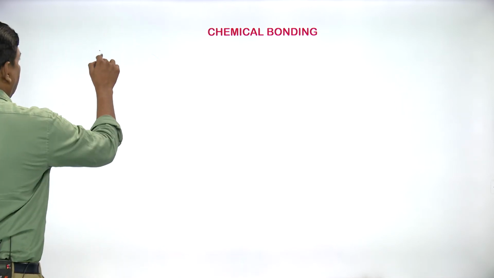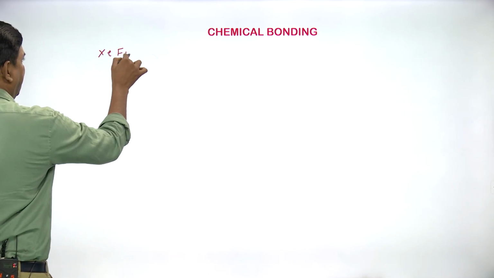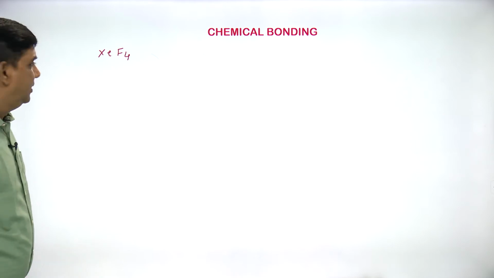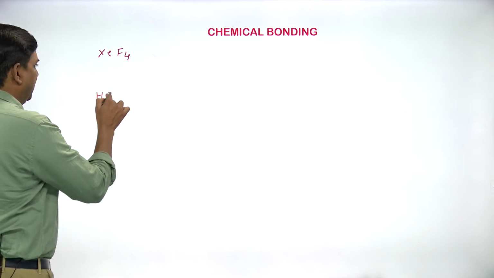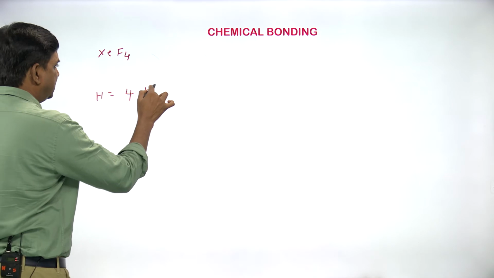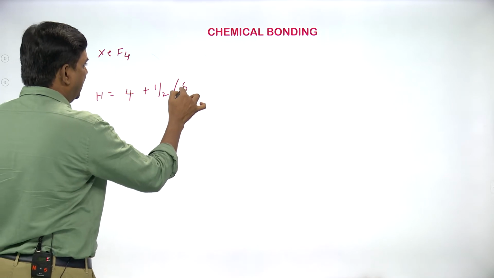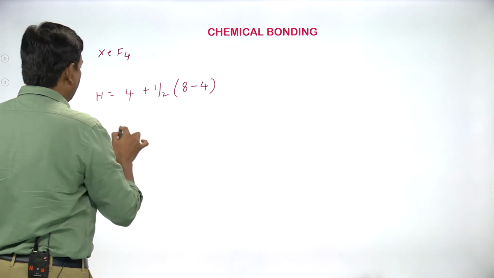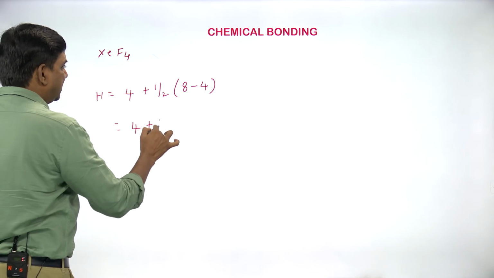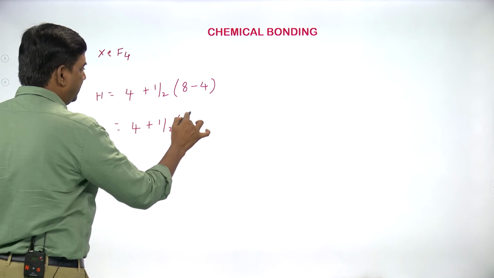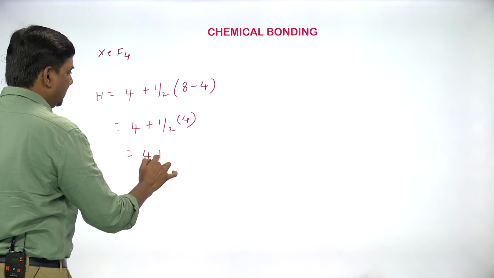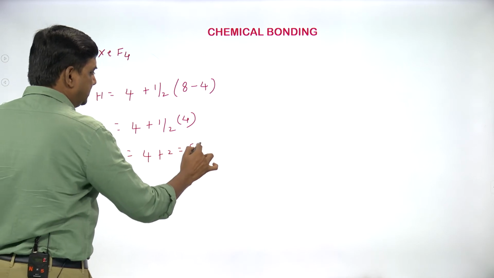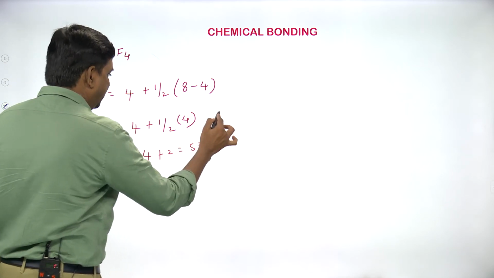Right. Let us solve for xenon tetrafluoride. So hybridization is equal to number of atoms attached, which are 4, plus half into group number 8 minus 4, and this is equal to 4 plus half into 4, which is 4 plus 2, equal to 6, sp3d2 hybridization.